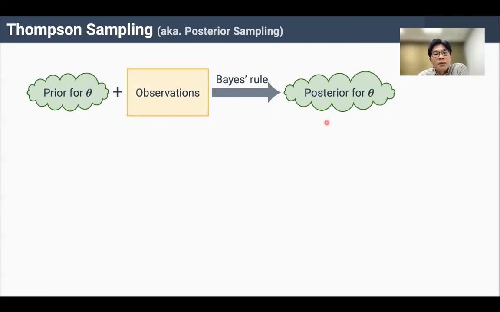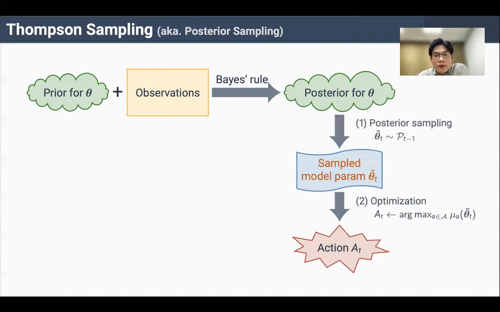Thompson sampling implements a randomized arm selection rule on top of this Bayesian inference logic. It takes two steps. In the first step, it samples the model parameters from this posterior distribution. A random sample of the model parameters will be drawn from the current belief and will be denoted by tilde theta.